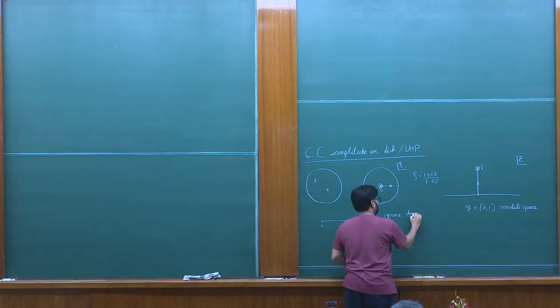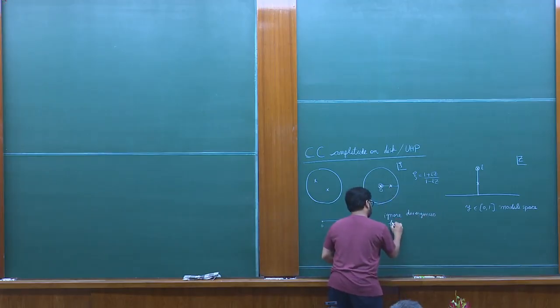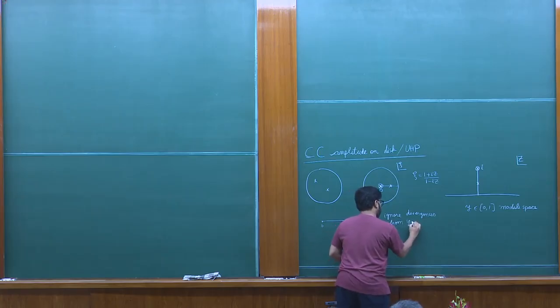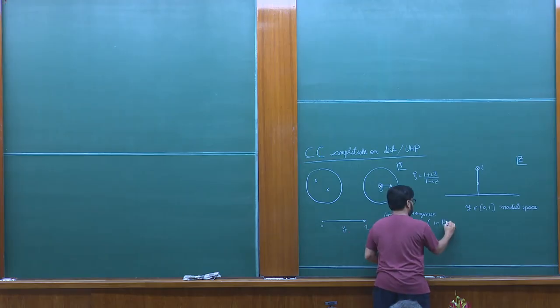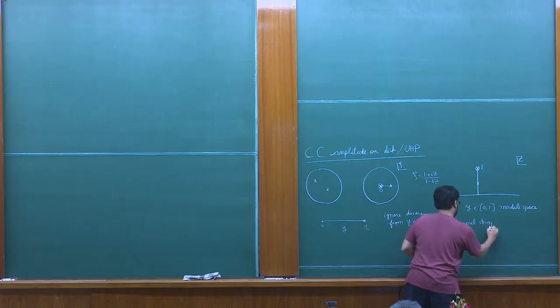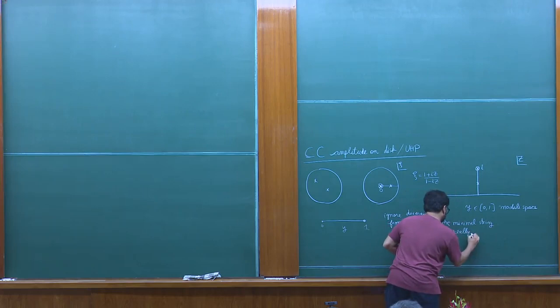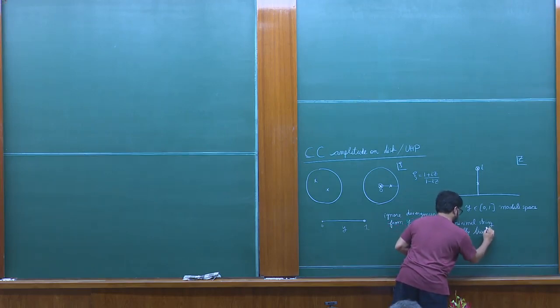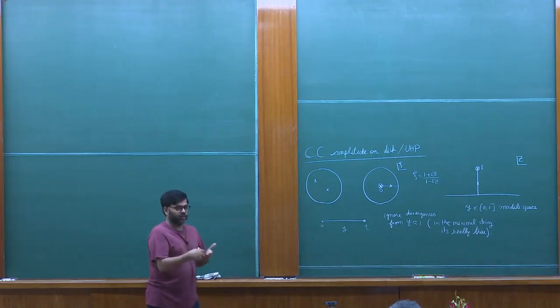Now, for the purposes of this lecture, I will ignore the divergences from y approximately equal to 1. And the reason is that in the minimal string, that's really true. So in the set of papers that we wrote with Ashok and collaborators, we were studying this specific model of string theory called minimal string theory.